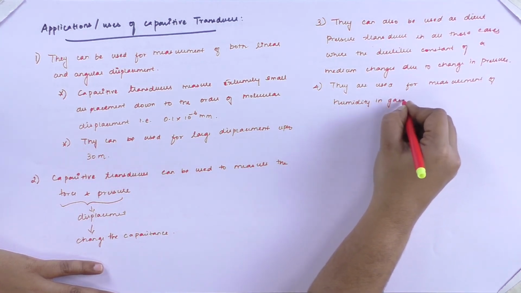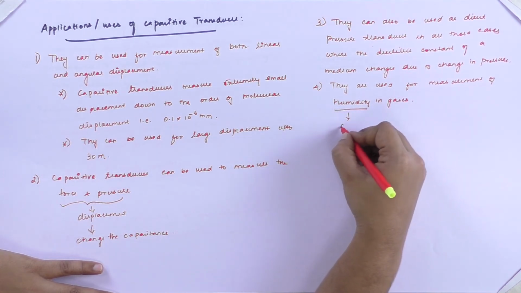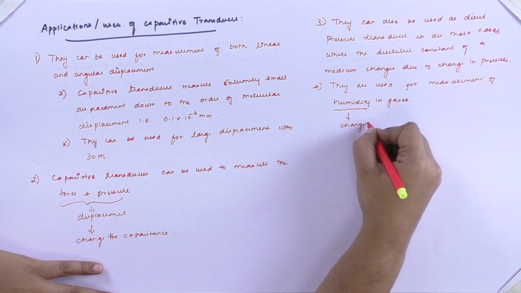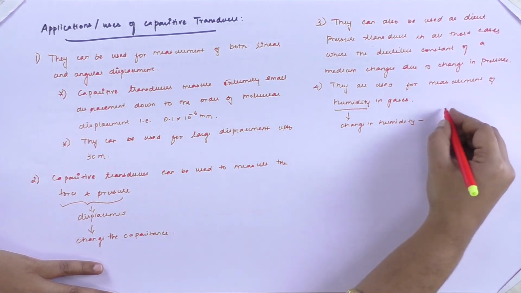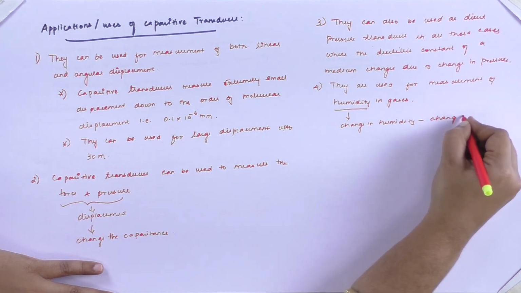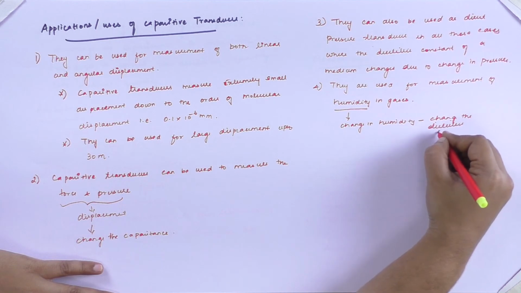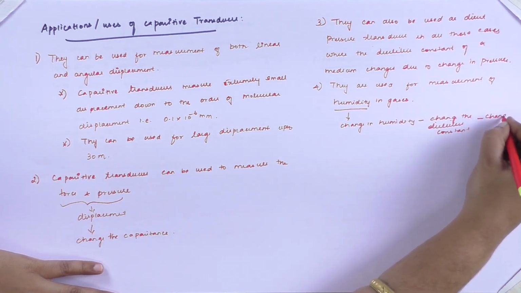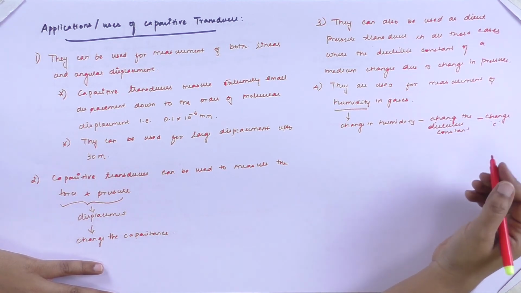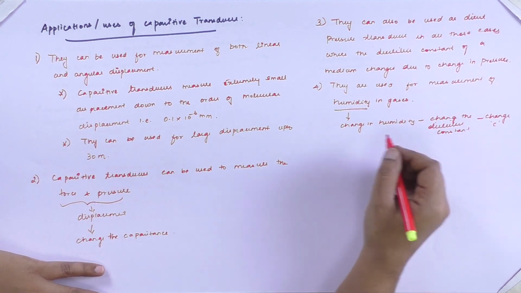They can be used for the measurement of humidity in gases, because as the humidity changes, the change in humidity will change the dielectric constant, which changes the value of capacitance. So, the change in capacitance is converted into an electrical quantity in capacitive transducer.